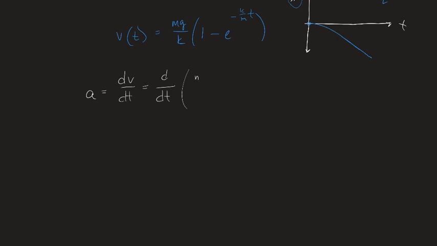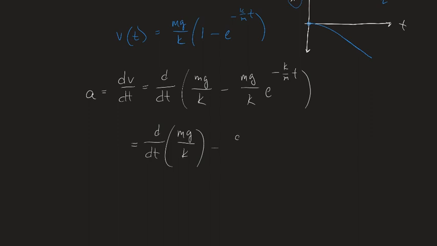So it'll be mg over k minus mg over k e to the minus k over m t. Just distributing. Because then when you take the derivative, we did this first semester, but it's been a while, you distribute. So I can take the derivative of this term first, and then subtract the derivative of this term next.